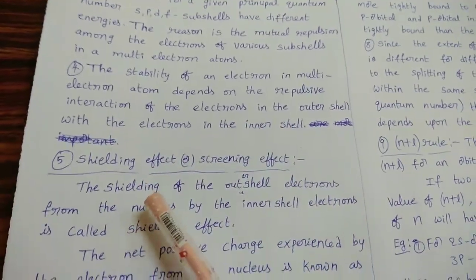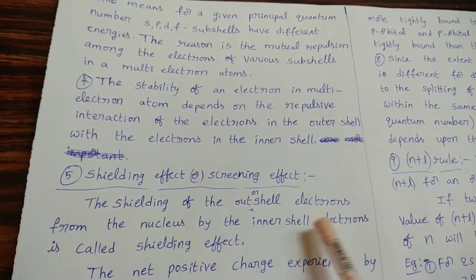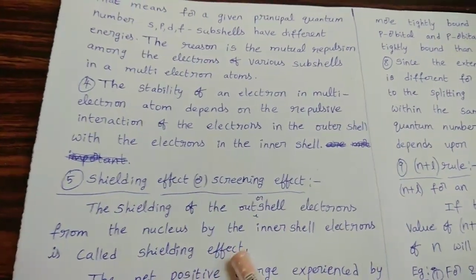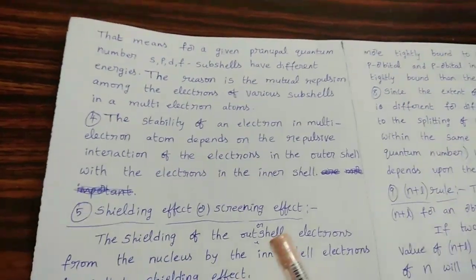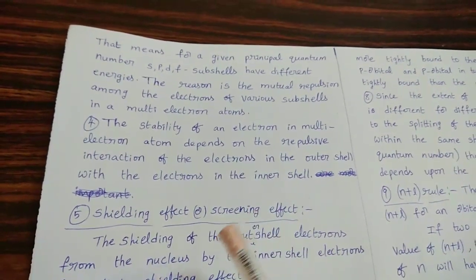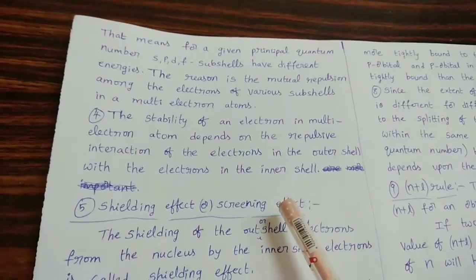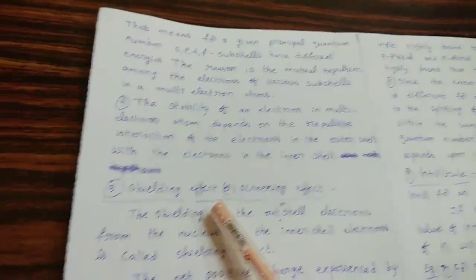Say this, the shielding of the outer shell electrons from the nucleus by the inner shell electrons is called shielding effect. Okay, I hope you understood this one. Inner shell electrons act as a screen and decrease nucleus attraction on the outer shell electrons. This effect is called screening effect or shielding effect.